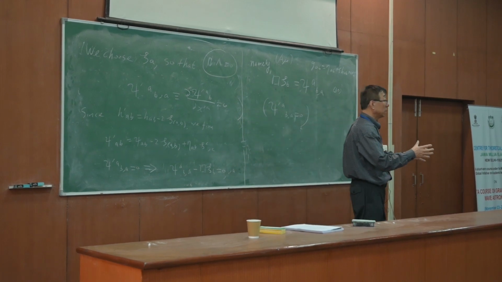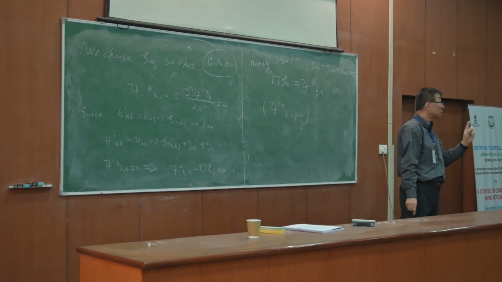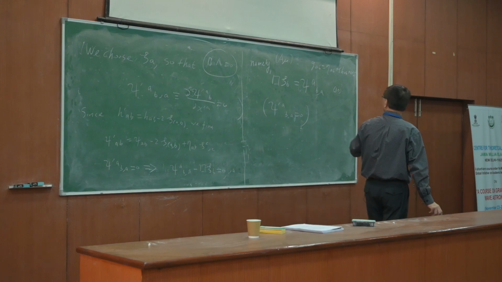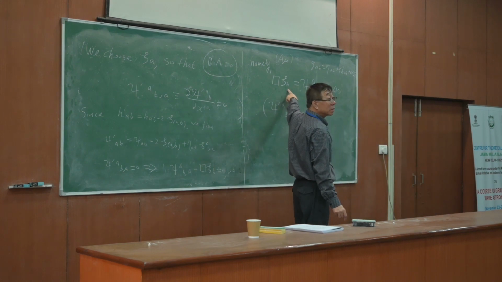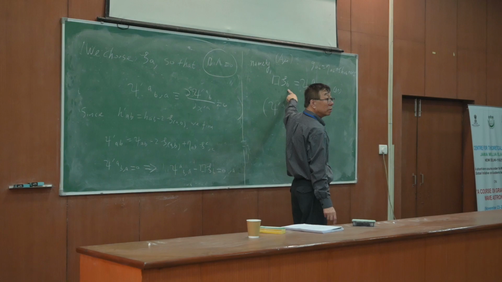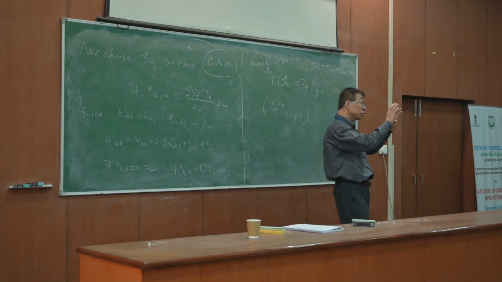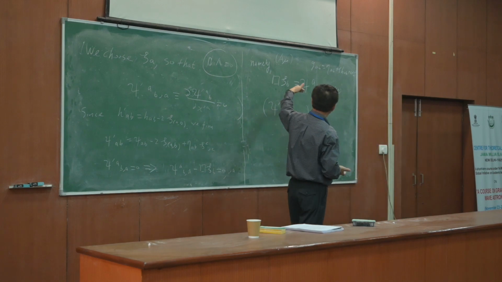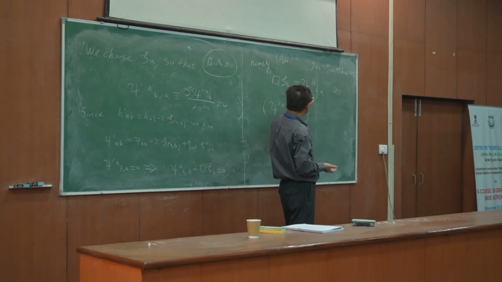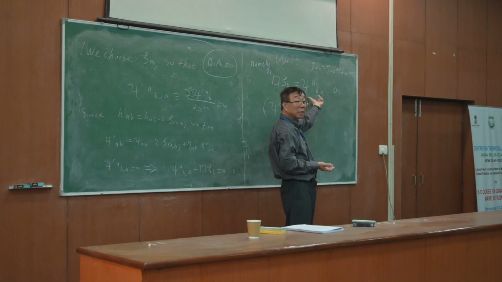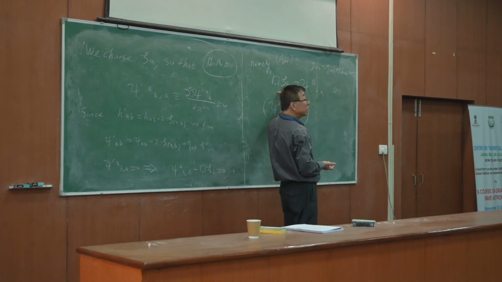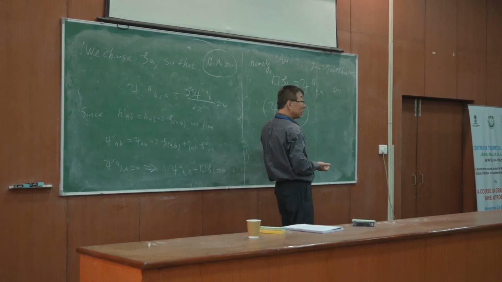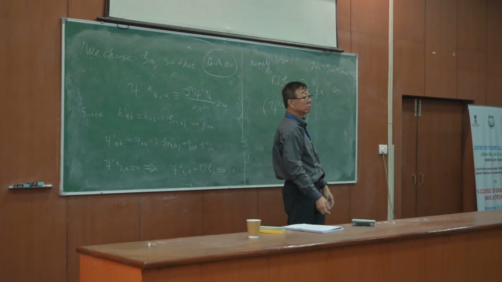The main idea is we have 4 arbitrary functions, say xi^0, 1, 2, 3. I'm going to choose these 4 arbitrary functions so that this satisfies this equation. You give me h_AB, I can control this one, then solve this equation, plug it in, and I get this again.